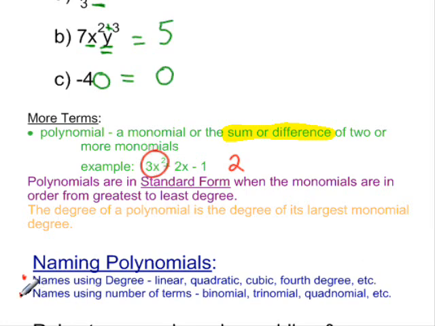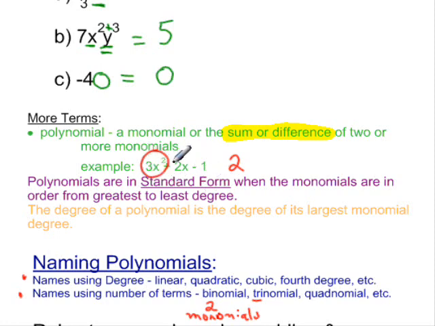The second way to name it is using the number of terms. Binomial means that there are 2 monomials. A trinomial, you can see by the tri here, that's going to be 3 monomials. So our example in green, we have 1, 2, 3.